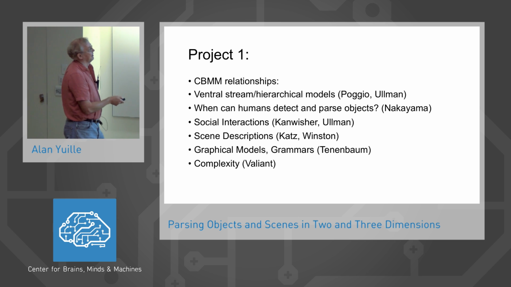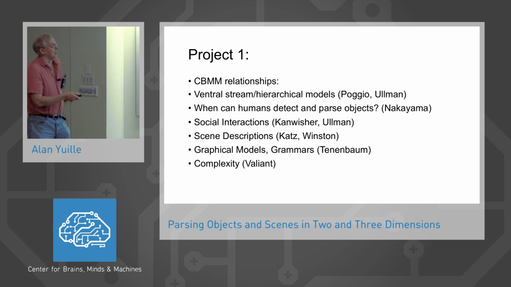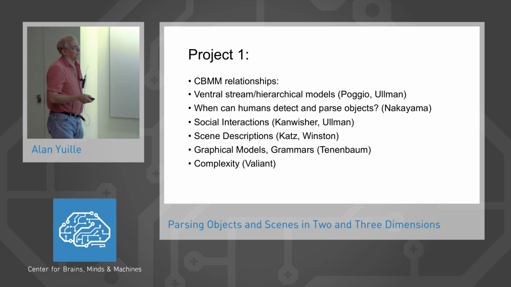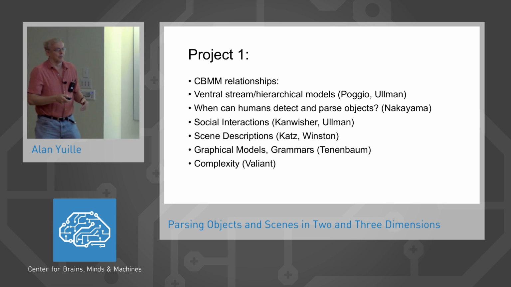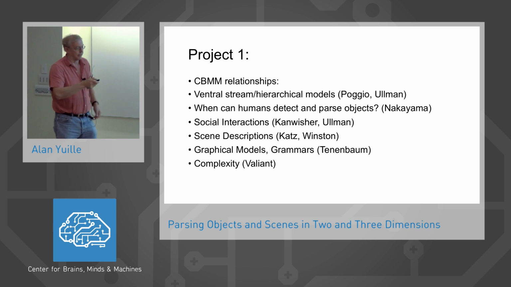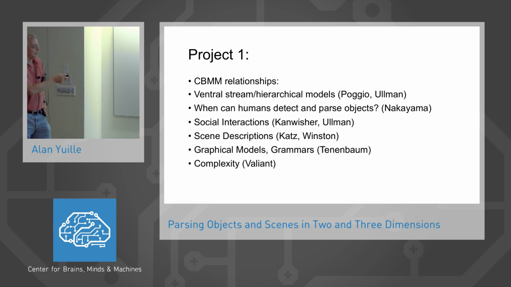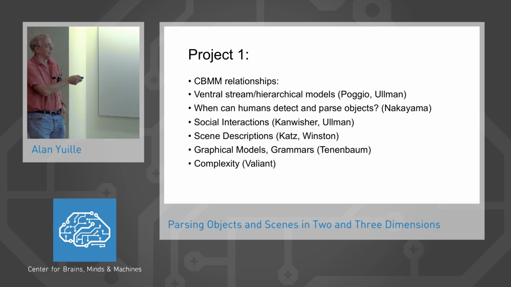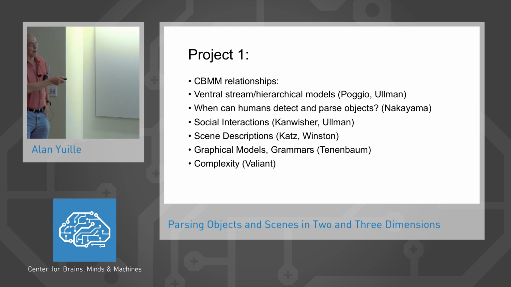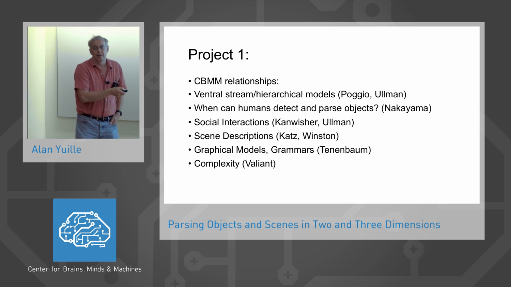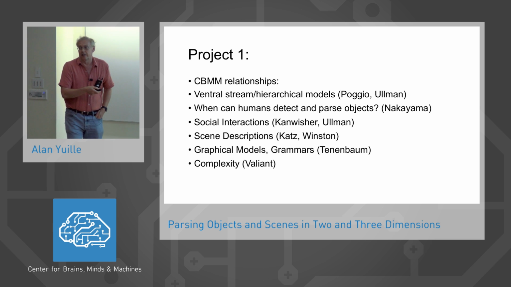There are certain relationships here to work going on in the center. I think it may not have been clear so far, but the idea of compositional models putting parts together to form bigger structures relates closely to the ventral stream hierarchical models that Tommy Poggio and Shimon Ullman are doing. This issue about what humans can or cannot do from those images relates to work that Ken Nakayama has done.